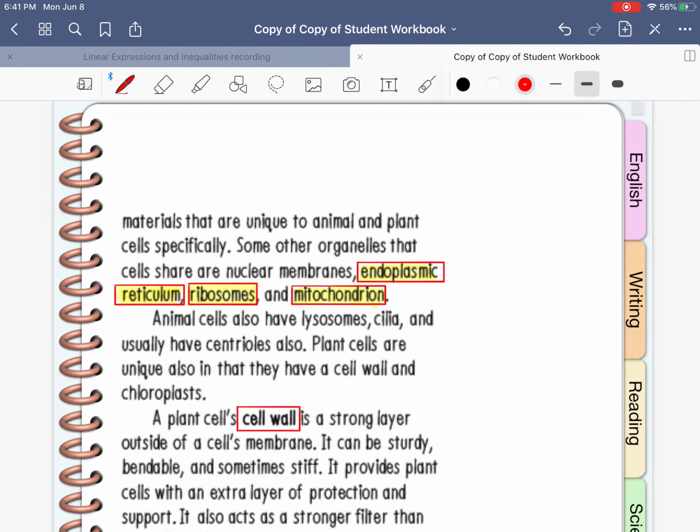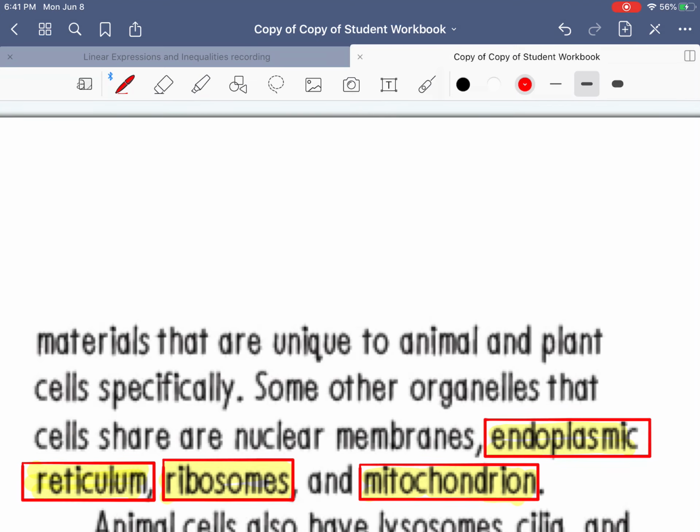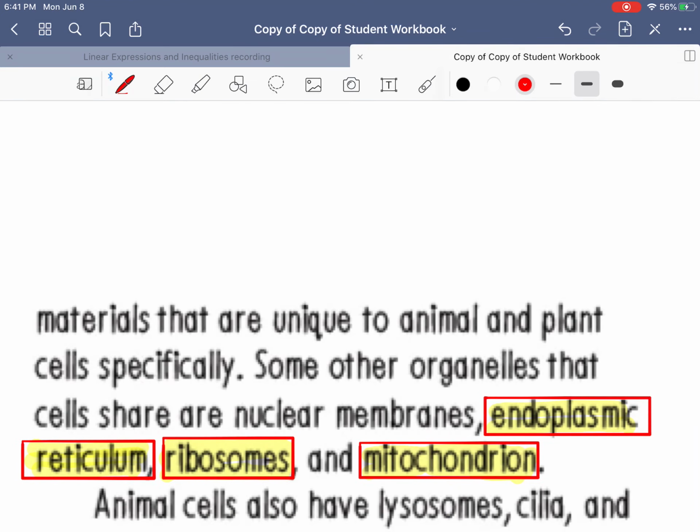First is endoplasmic reticulum, and that's a mouthful. We usually just abbreviate that ER. So let me tell you about the endoplasmic reticulum. And before I do that, let's break down the word endoplasmic. Reticulum.